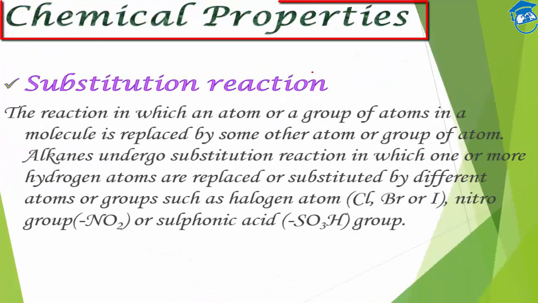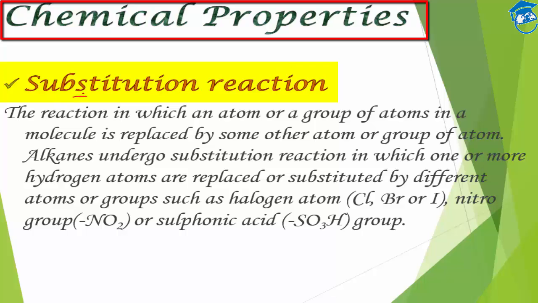Next are the chemical properties. First of all, the substitution reaction. Substitute means we have to replace one atom by another. Here the hydrogen atom will be replaced by any other heteroatom, for example the halogens, oxygen or nitrogen, or the nitro group or sulfonic acid group.